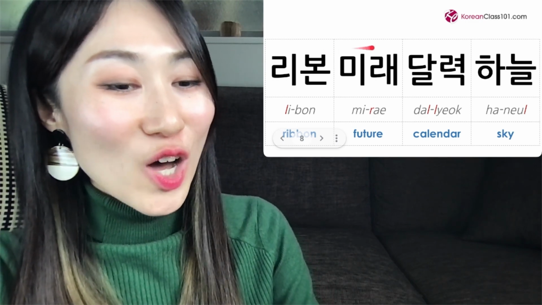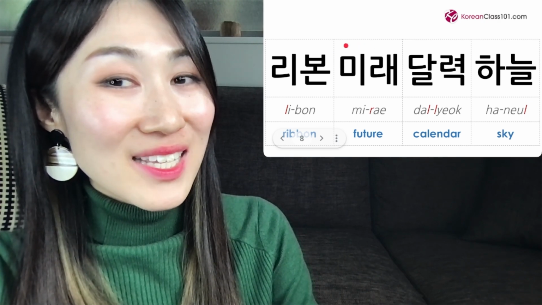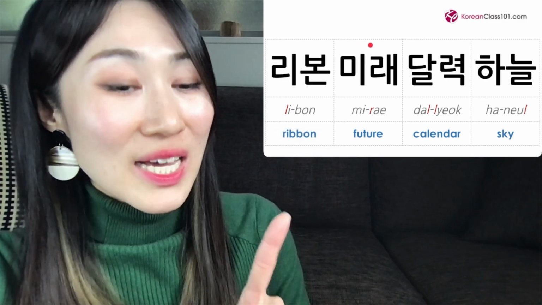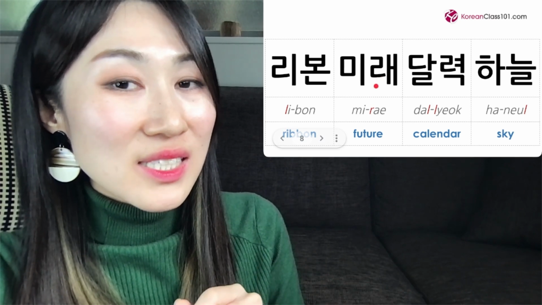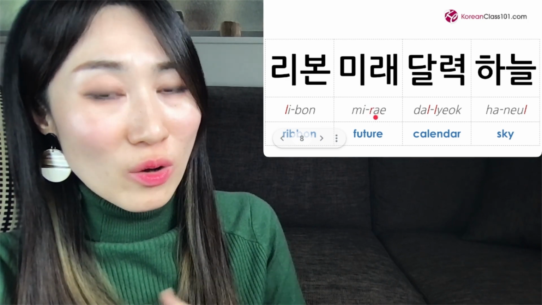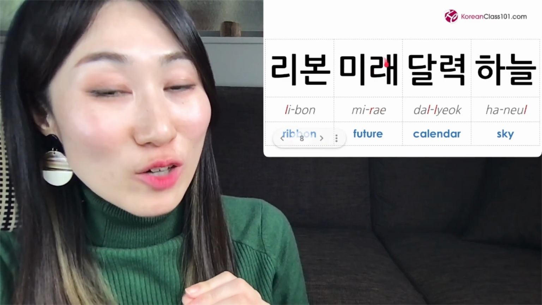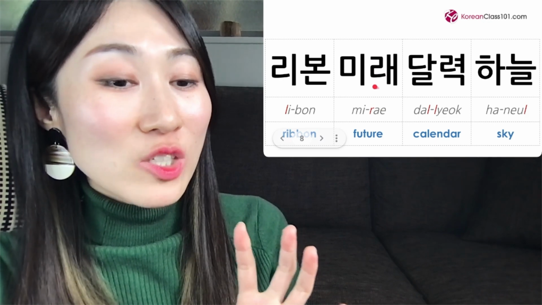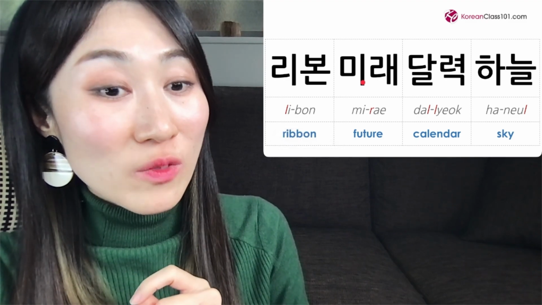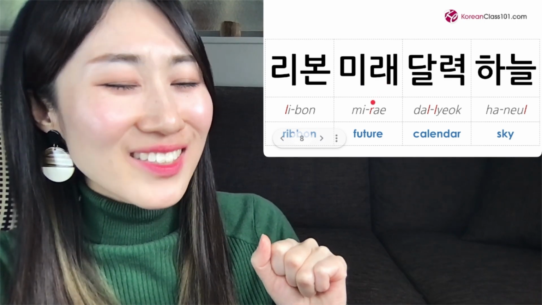Let's look at the second word. Future in Korean is 미래. It's not mirror or mille. It's not the L sound. Especially if the L sound is used in the romanization, a lot of students pronounce it like this. So please remember, if this ㄹ sound is in the middle of the syllable, especially after the vowel, 미, 래, it ends with a vowel sound, and ㄹ comes, then it's more like R sound.